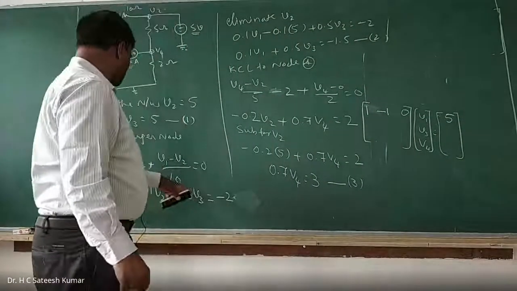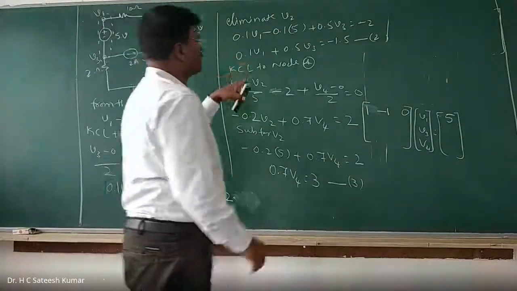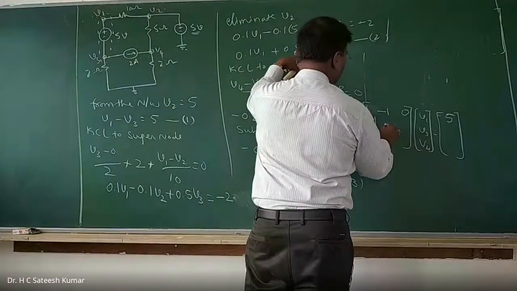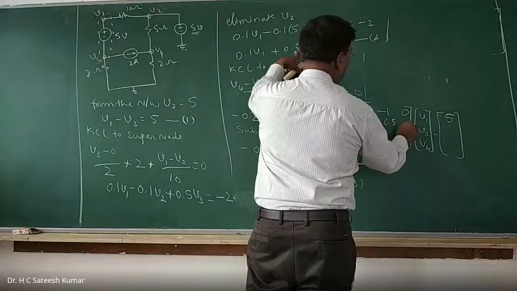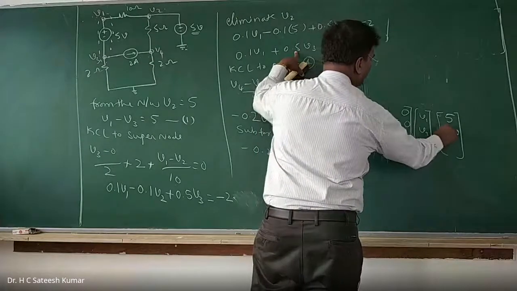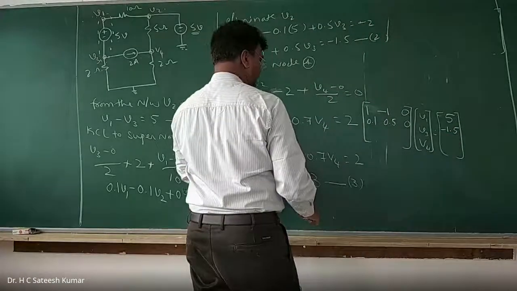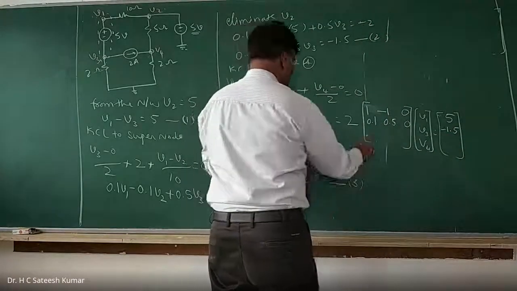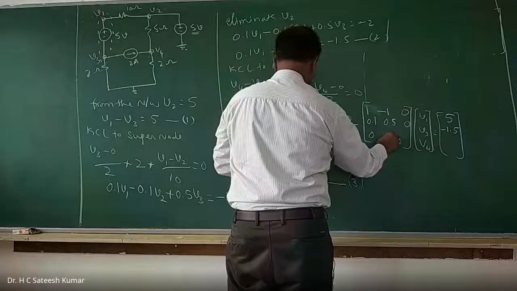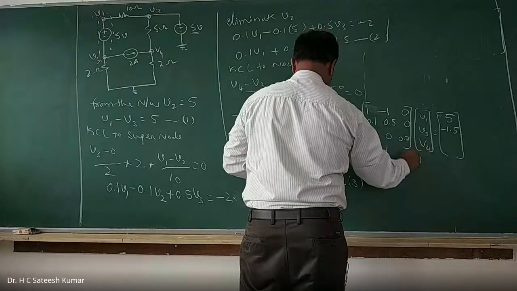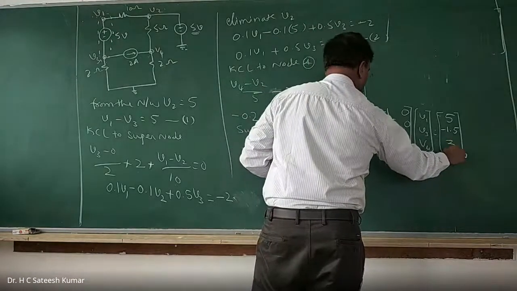Equation number 2: V1 coefficient is 0.1, V3 coefficient is 0.5, V4 coefficient is 0, and the right side is minus 1.5. Last, equation number 3: V1 coefficient 0, V3 coefficient 0, V4 coefficient 0.7, and this side is 3.